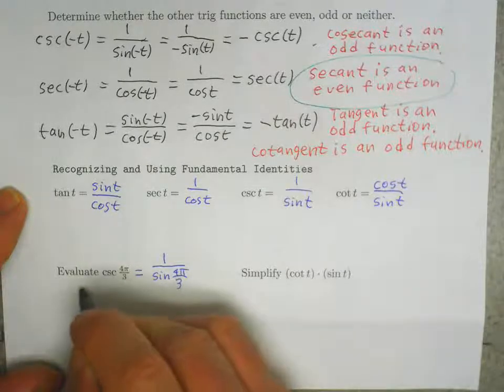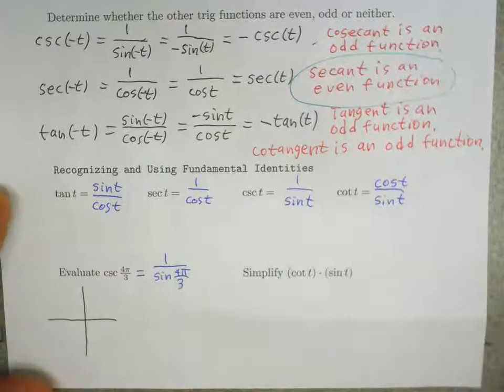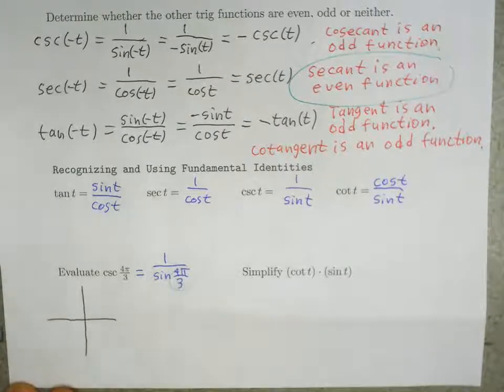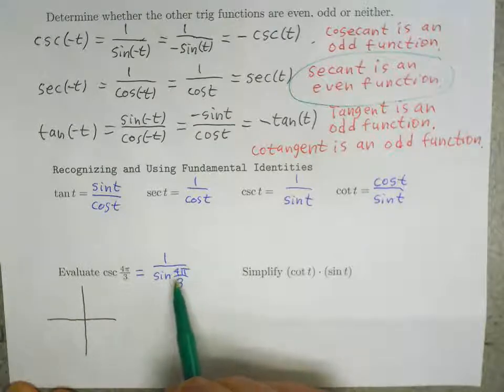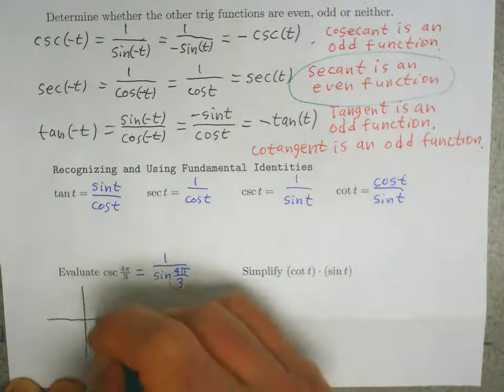Okay, so let's go ahead and go through the process of finding where the terminal side of 4 pi over 3 is. So 4 pi over 3 is positive, so we move counterclockwise. 4 pi over 3 is bigger than pi by pi over 3.